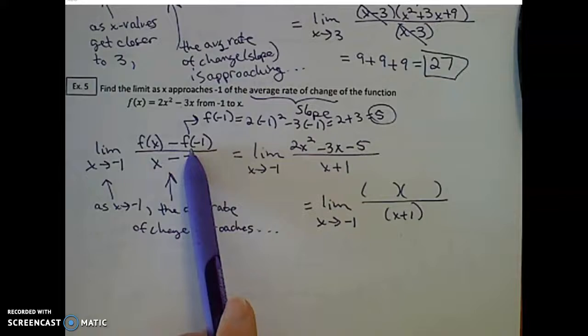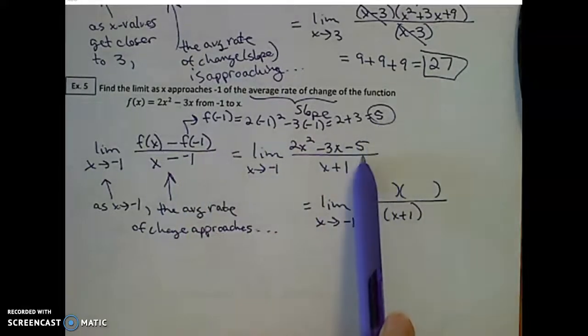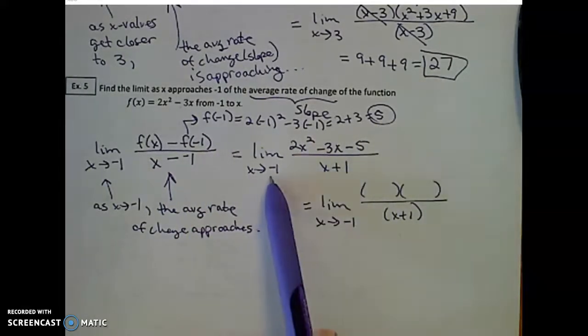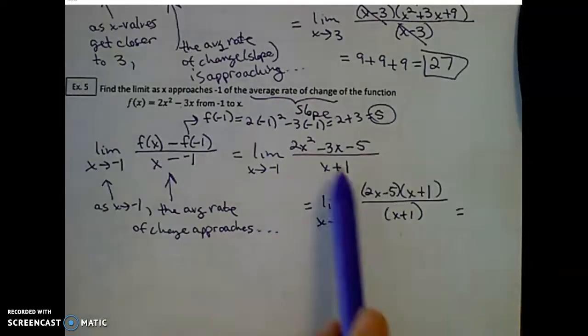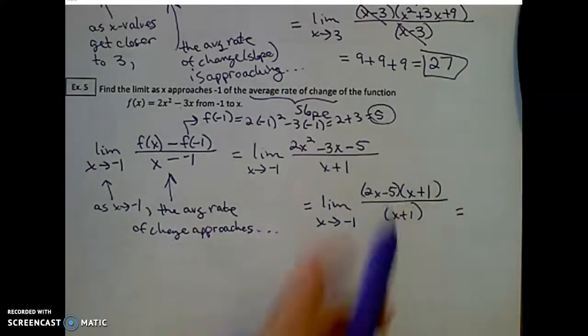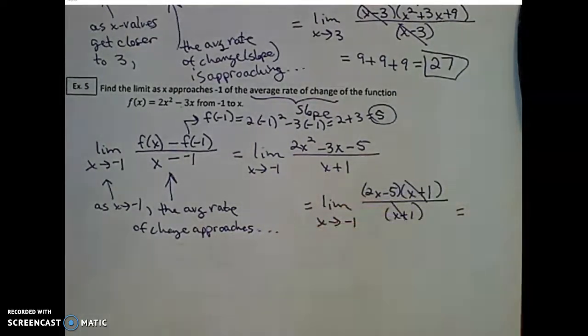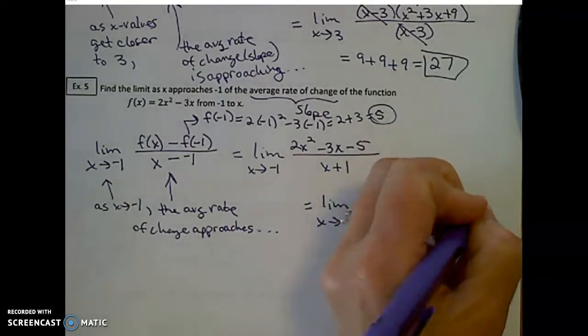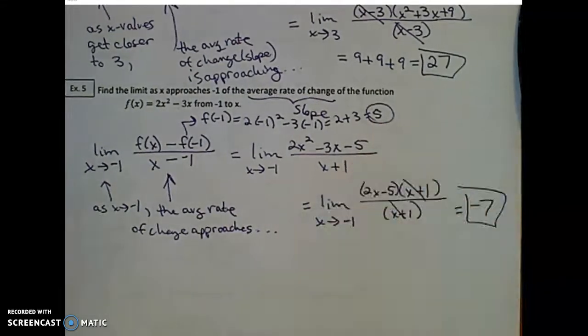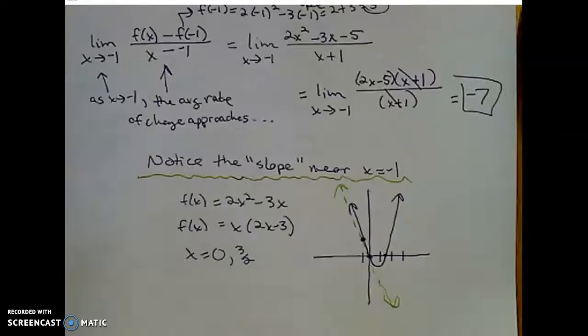Minus f of negative 1, which comes out to be 5, so minus 5. I can't plug in negative 1, so please pause and factor. I factor that numerator. I remove that problem spot. I plug in negative 1, and I get a slope of negative 7. And here's your food for thought if you want to picture that function.